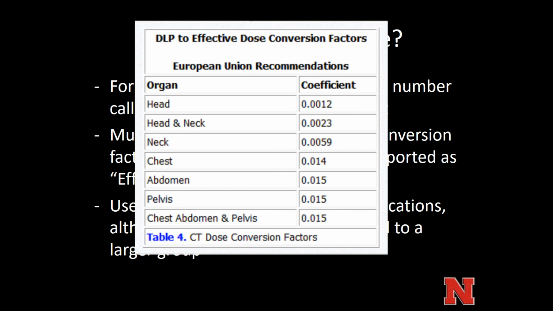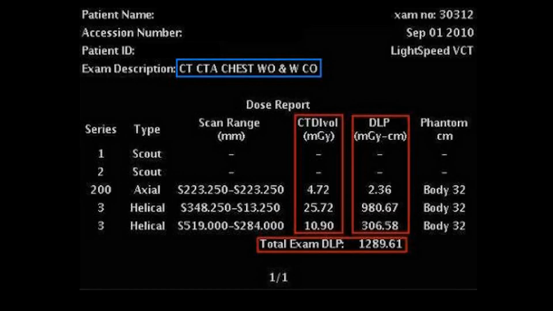A lot of times the chest, abdomen, and pelvis has a whole bunch of different types of tissues, right, throughout the chest, abdomen, and pelvis. So just an effective dose conversion factor was made. It happens to be 0.015 to account for the average kind of risk that those tissues represent.